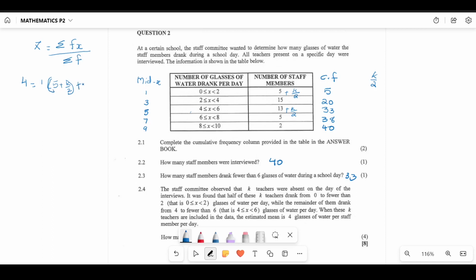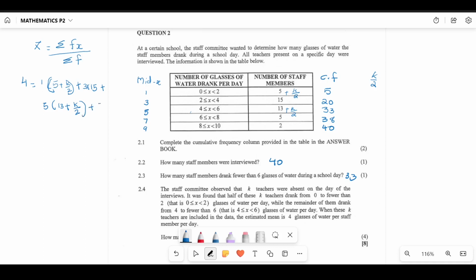Plus, then it's 3, no change in the frequency there, so it's simply 3 times 15. Plus, for the next one, it's going to be 5 times, and here the frequency also changed, 13 plus k over 2.